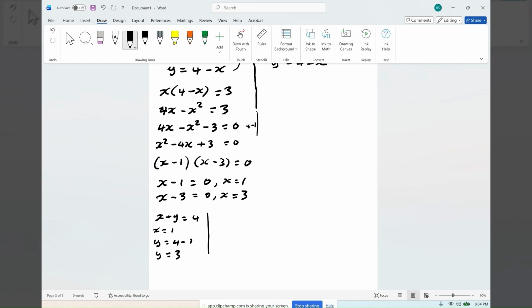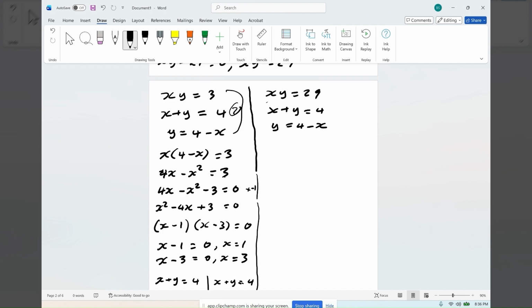And when x = 3, then y = 4 - 3, so y = 1. Therefore, (x, y) will be equal to (1, 3) and (3, 1).